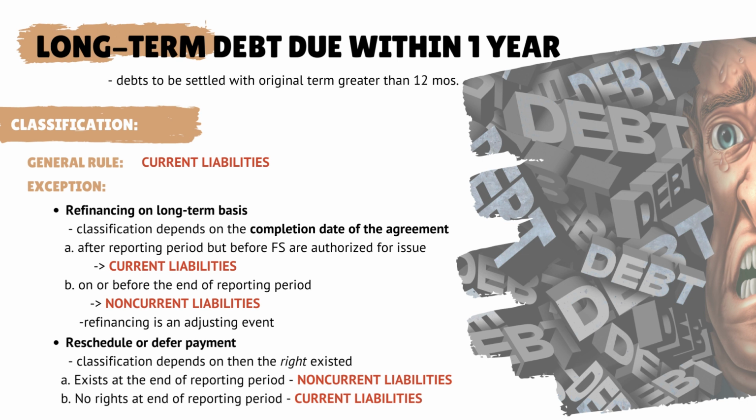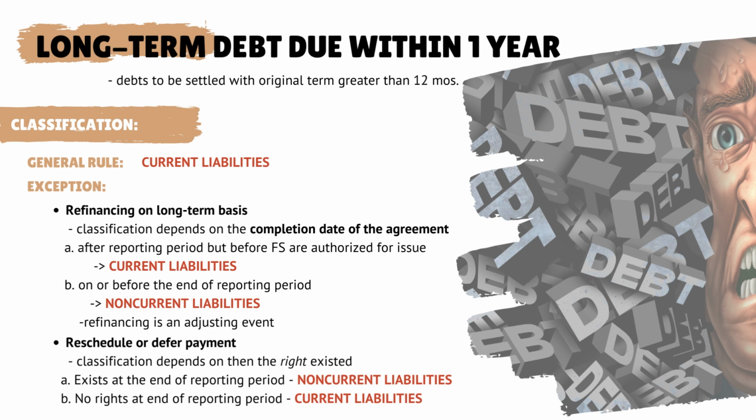So if before FS authorization pagani, then that will be part of your current liabilities. But again, be mindful nga dapat after nalat siya sa reporting period. So, naara siya in between that two events. Okay? So, if ara siya in between that event, so it will be considered as current liabilities.